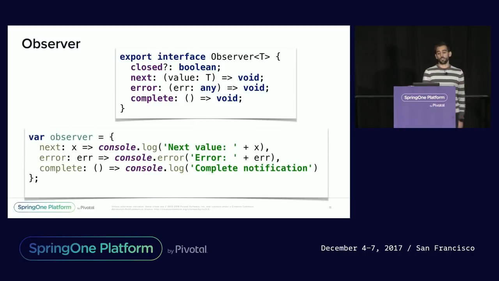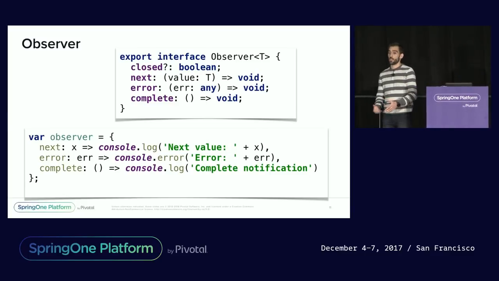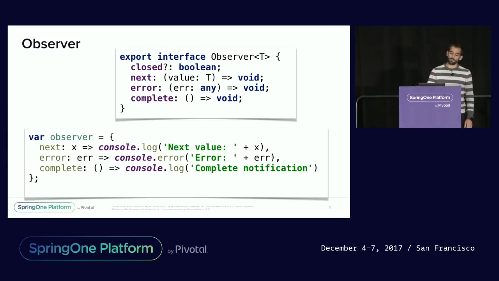So this could be an example of an observer. Right? So we have an observer implementing the 3 callbacks, right? So next, error, complete. But this observer can also be partial. You don't have to implement all the 3 callbacks. It could be only the next, right? So that's usually what we do, right? So we just implement 1 callback, and maybe that's enough.